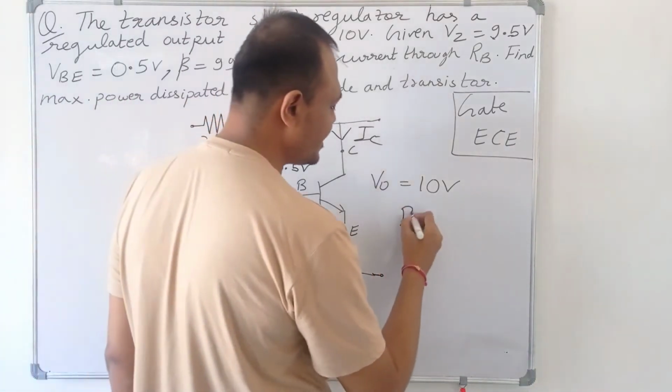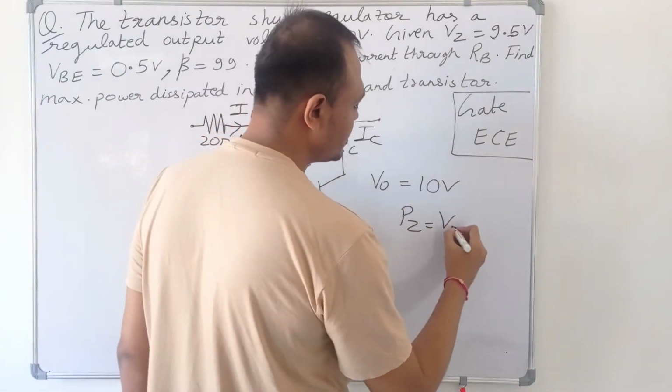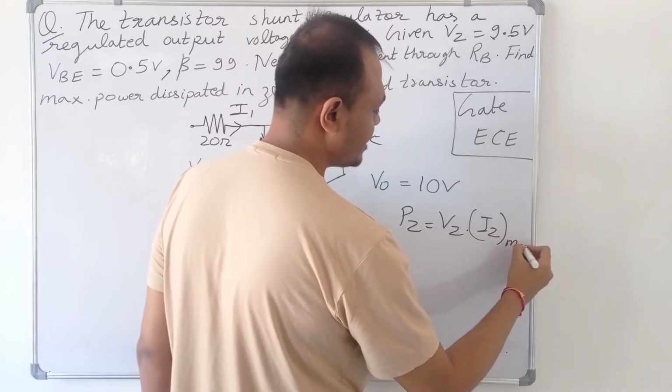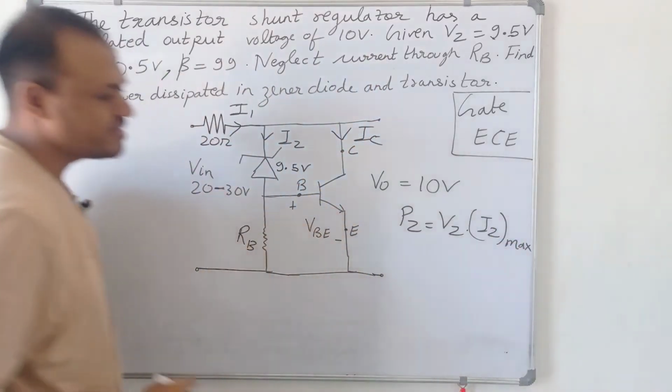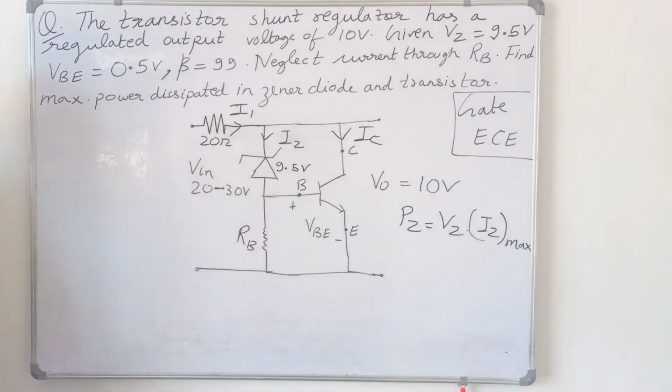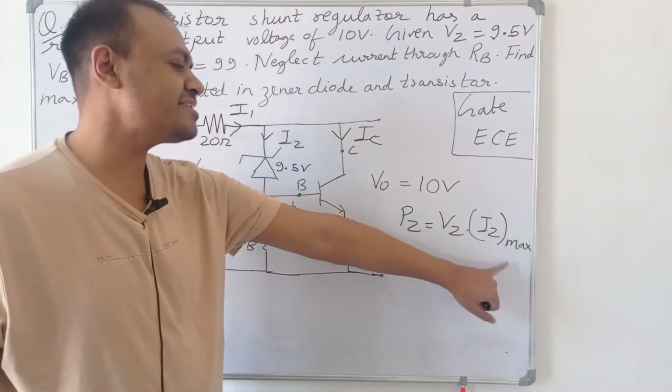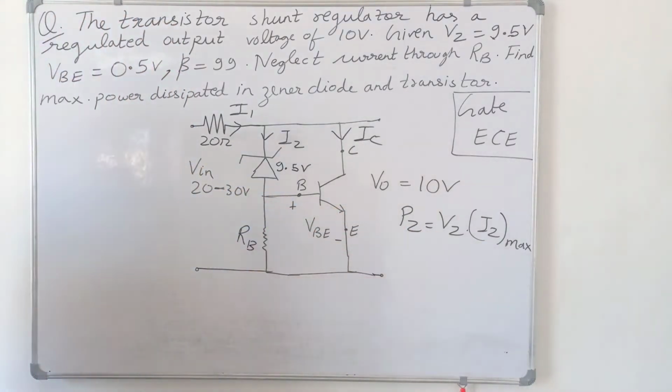Power dissipated by Zener diode is equal to Zener voltage into maximum current through the Zener diode, Iz max, where Vz is the breakdown voltage of Zener diode and Iz max is the maximum value of Zener diode current.